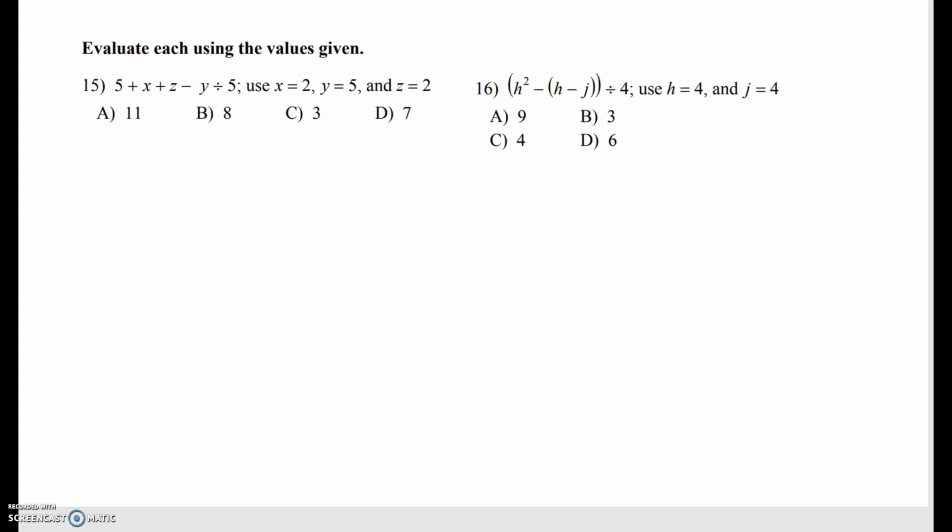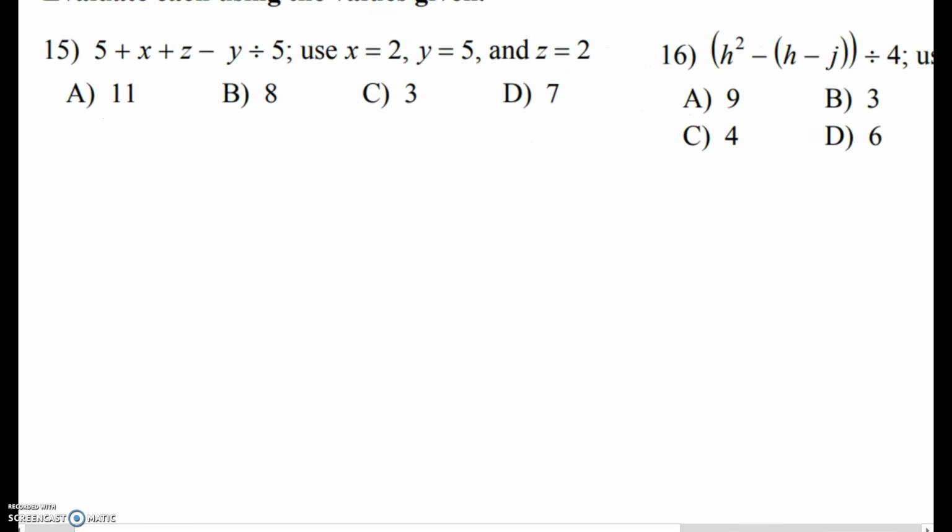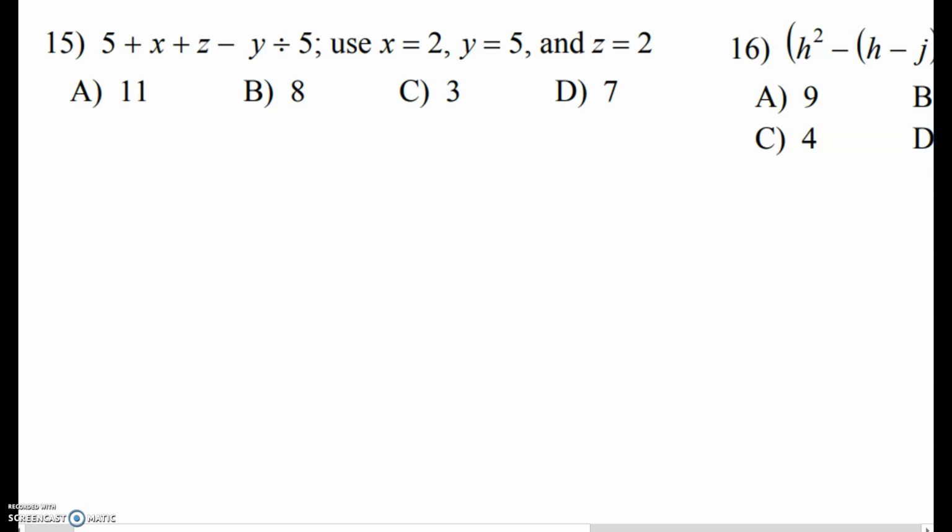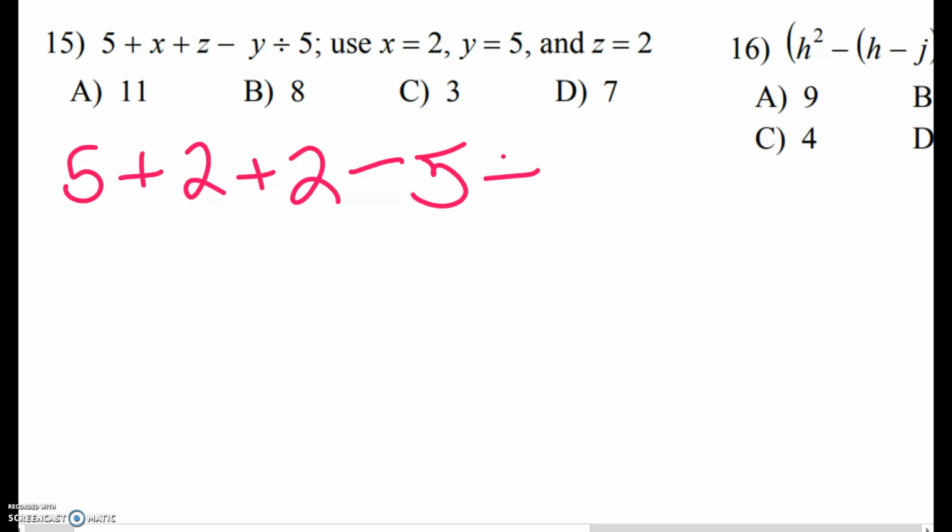So all they want you to do in number 15 is to plug in the numbers where their corresponding parts are. So we have 5 plus x, which is 2, plus z, which is also 2, minus y, which is 5, and then divided by 5. So there's no parentheses or exponents here, but we have addition and subtraction, and we also have division.